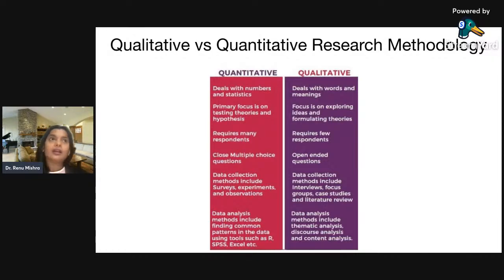Second thing, not necessarily at first go will you decide what kind of methodology you need to go for. You understand the research problem, then you come across what aspect of this research problem you want to investigate. Now, I know that yes, AI has an influence on higher education teaching.